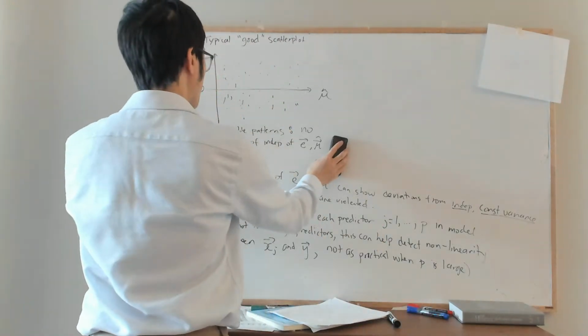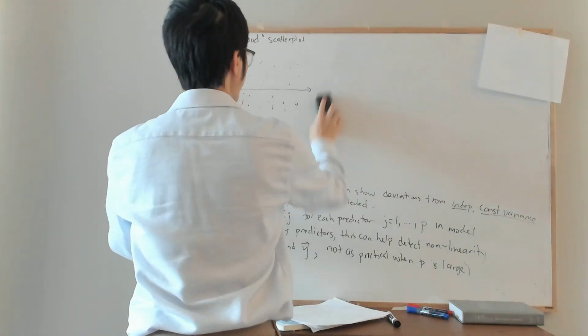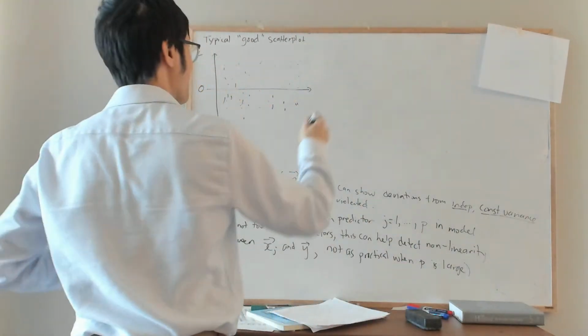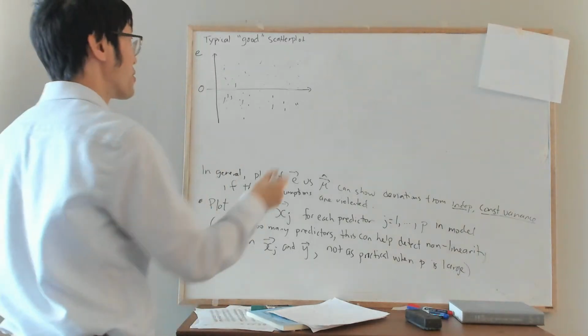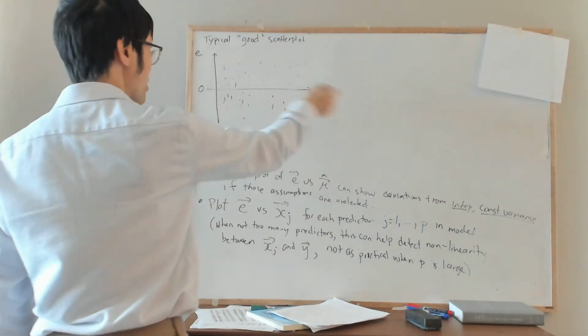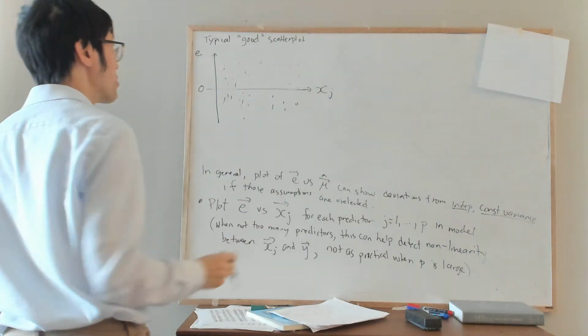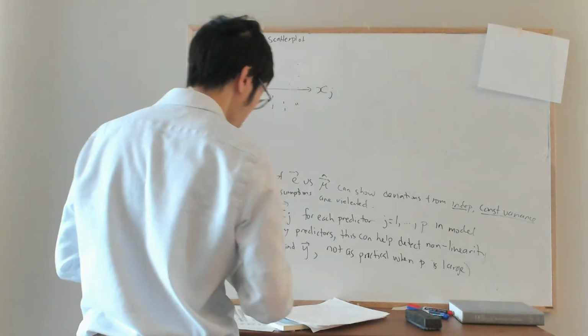I'm just going to save myself a little bit of drawing, so I'm just going to give you an example. Same idea: I plot that predictor on the x-axis. The residual should be randomly scattered around it.